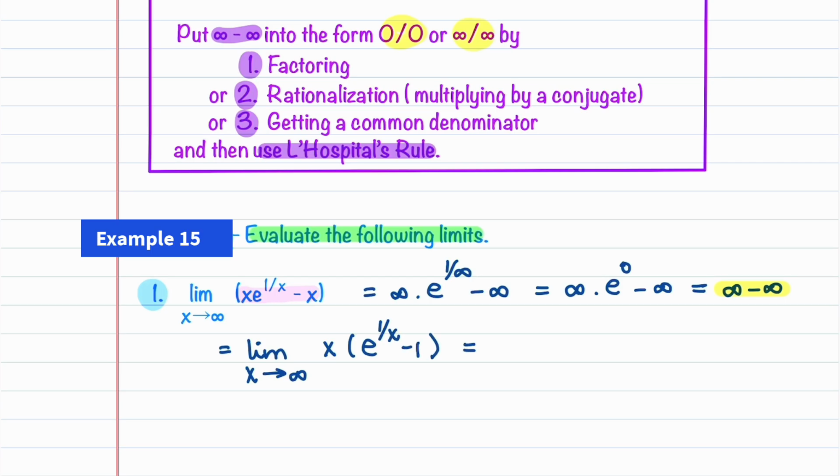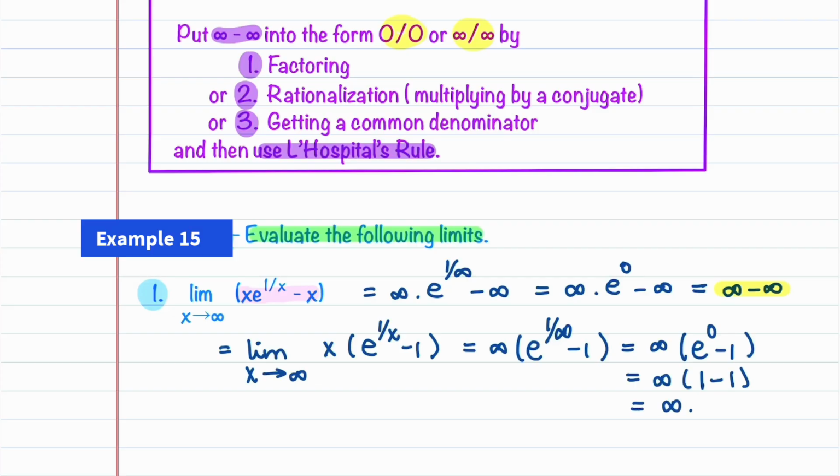Now we want to substitute in that x is equal to infinity. So we have infinity times e to the 1 over infinity minus 1. E to the 1 over infinity is e to the 0 minus 1. So this is infinity times 1 minus 1, which is infinity times 0.